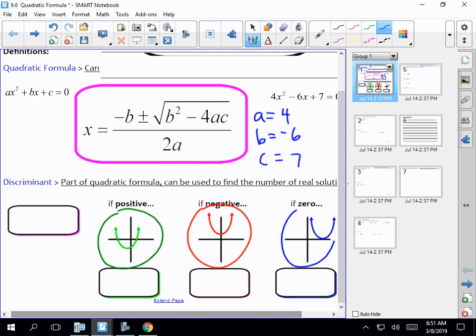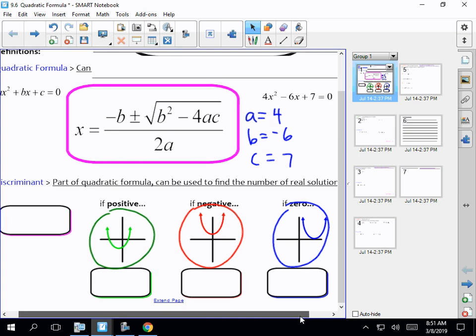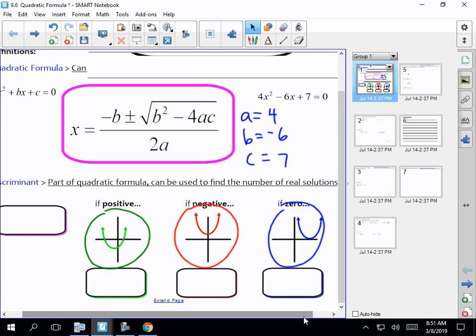And then in blue here we have 1 solution. Those are the 3 possibilities for solutions for quadratics. And the discriminant, which is the part of the quadratic formula underneath the radical, can be used to determine the number of real solutions. The discriminant is the b squared minus 4ac part of that formula.